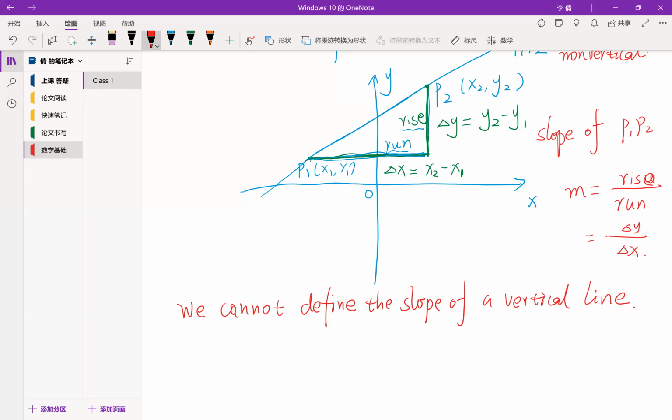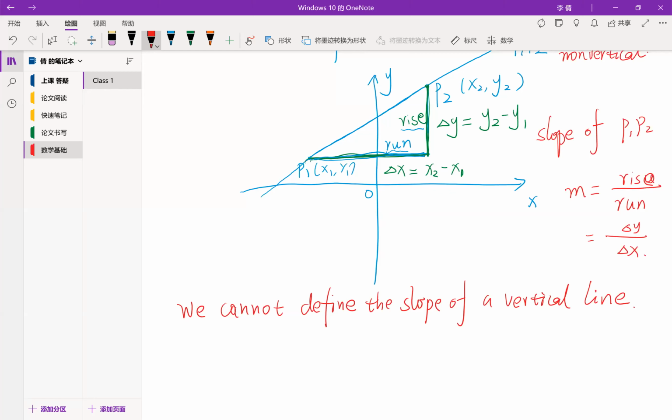So when a line is a non-vertical line, we can define the slope of this line, and we use the rise over run, which means we use delta y over delta x.